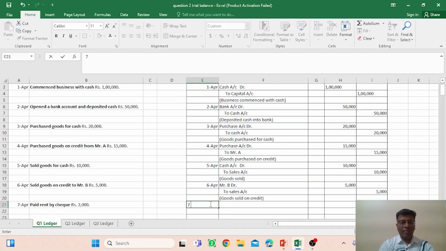And on 7th April, the transaction is paid rent by check. As you are paying the rent by check, you are issuing a check. So this is a bank transaction, and the bank balance is reduced. So you have to enter this entry in your journal very carefully, because the expense is paid by check.